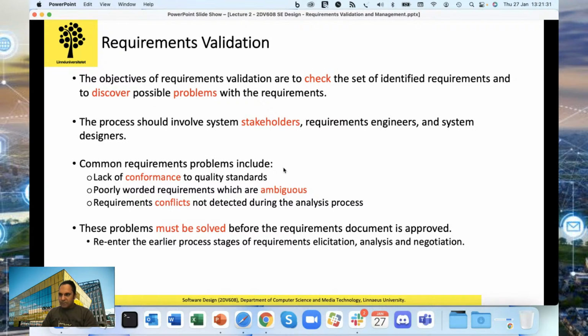What's an example of a requirement conflict? There can be many examples, but one could be this: one stakeholder wants authentication based on user ID and password, while another stakeholder might look for different types of authentication, such as mobile authentication, third-party authentication, or email validation.